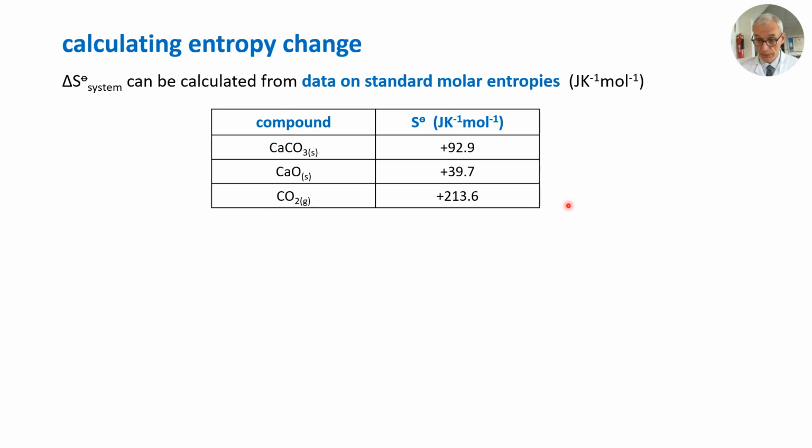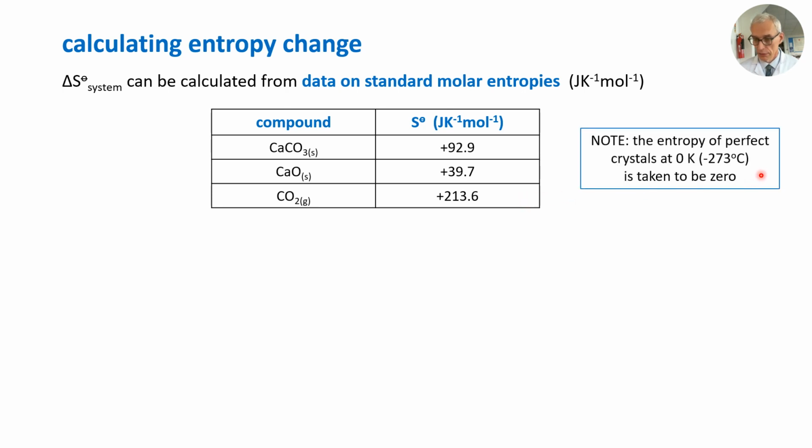If you're not in exams, you might use a data book. So we have here the standard molar entropy for solid calcium carbonate, for calcium oxide as a solid, and for gaseous carbon dioxide. Just as a side point, you'll see, of course, that the molar entropy for carbon dioxide as a gas is much higher than the other two.